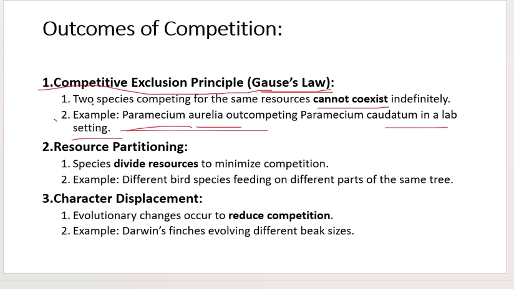That is Gause's law, also called the competitive exclusion principle.